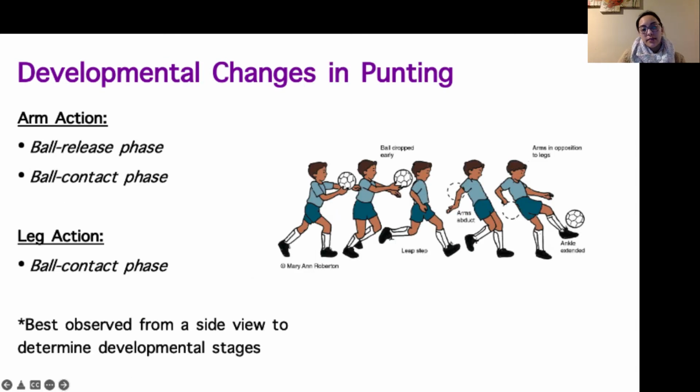As far as developmental changes in punting, we can break down our sequence by looking at the arm action at ball release and ball contact, and then we can look at the leg action at ball contact. Typically, punts are best observed from a side view in order to determine what developmental stage a person might be at.